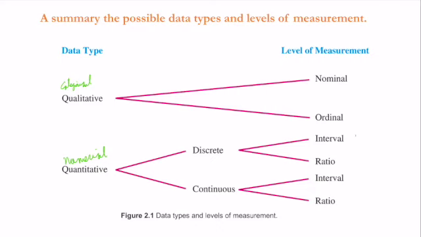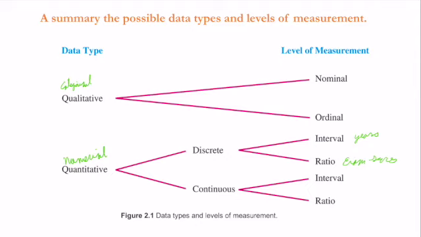For discrete, it could be like years. For ratio, it could be exam scores. For data that's continuous and interval, that would be temperature. And data that's continuous and ratio, that could be height. So these are some examples for us.